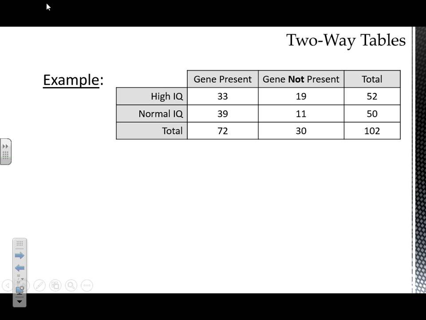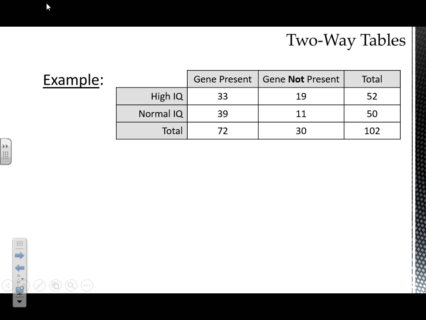In this case, we're looking at the IQs of a certain group of people, so high IQ versus normal IQ. And what they're looking at is the presence or non-presence of a specific gene in those particular people. So two different variables that we're analyzing, and they give us the information based on what they found.